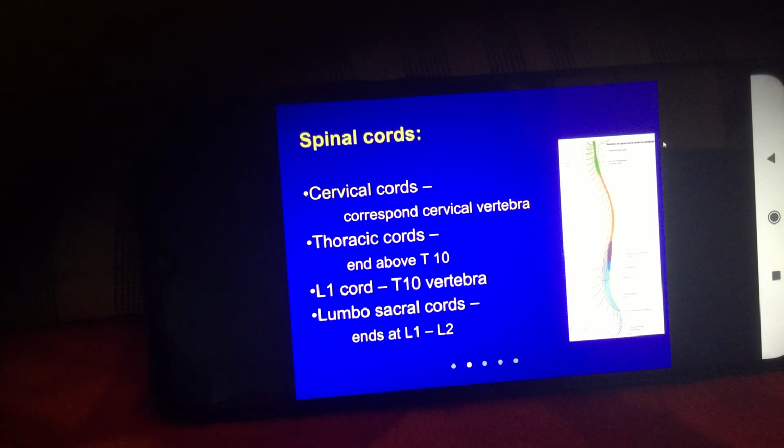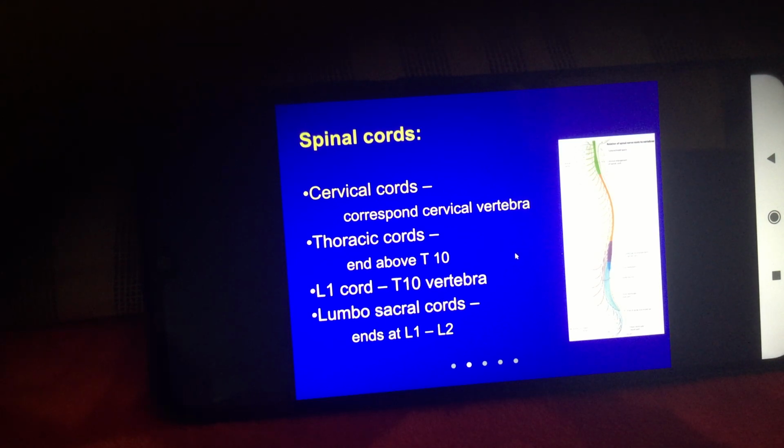Okay, then in the cervical spine, the length of the spinal cord and the length of the vertebra almost correspond. But in the thoracic vertebra, the thoracic cord is shorter than the vertebra. That's why the thoracic cord ends at the level of T10 here. And after that, up to the level of L1 and L2, all the lumbosacral cord ends.